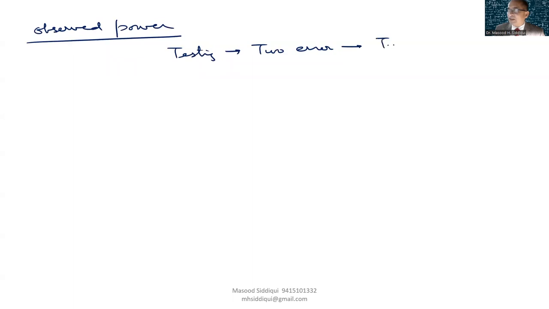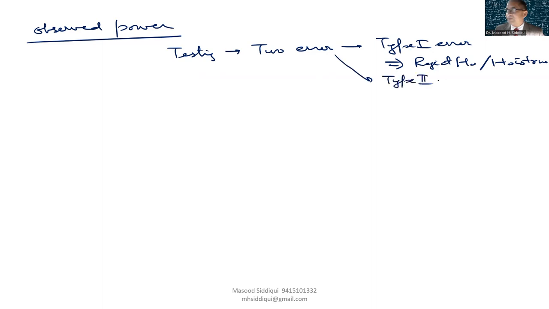The one is type 1 error, which is actually related to rejecting H naught when H naught is true, meaning falsely rejecting a good hypothesis. And the other one is type 2 error, that is accepting H naught when H naught is false. Okay, meaning falsely accepting a wrong hypothesis, right?